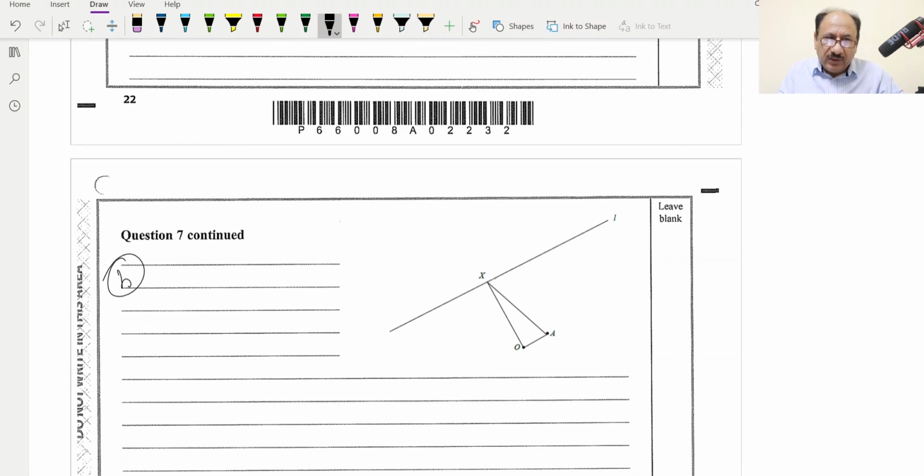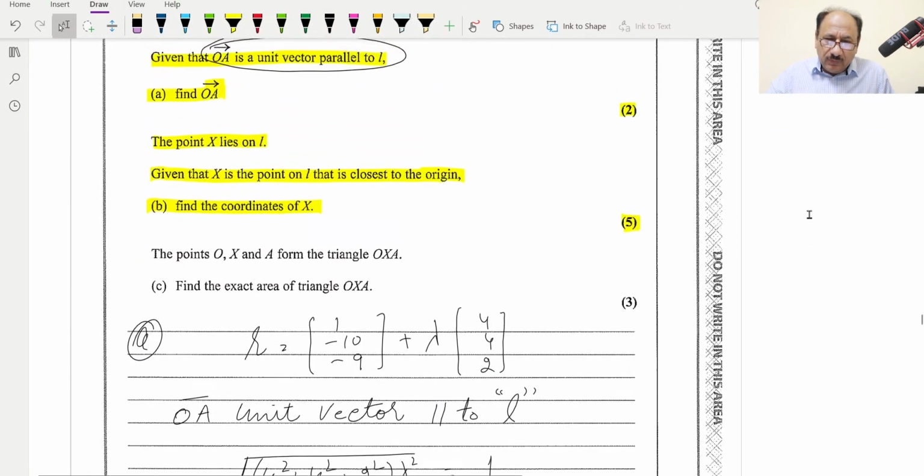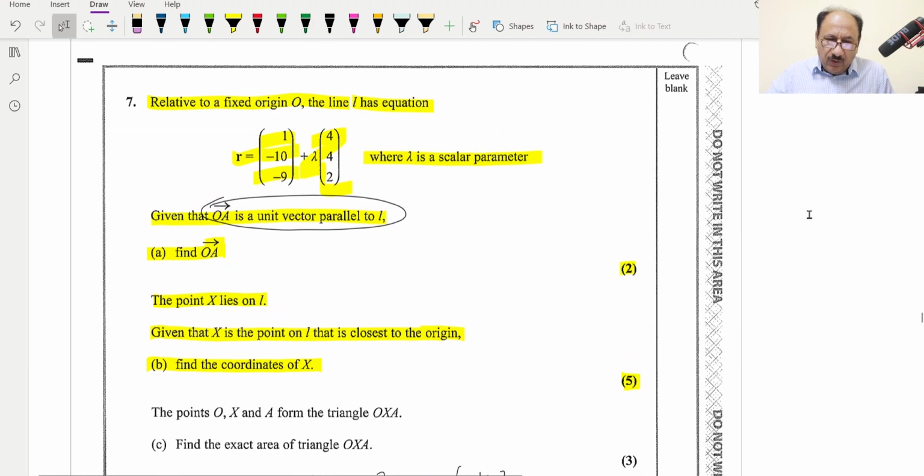So the position vector of point X, we can write the position vector of X. What will point X be? This will be equal to 1 plus 4 lambda, which we are taking from here.